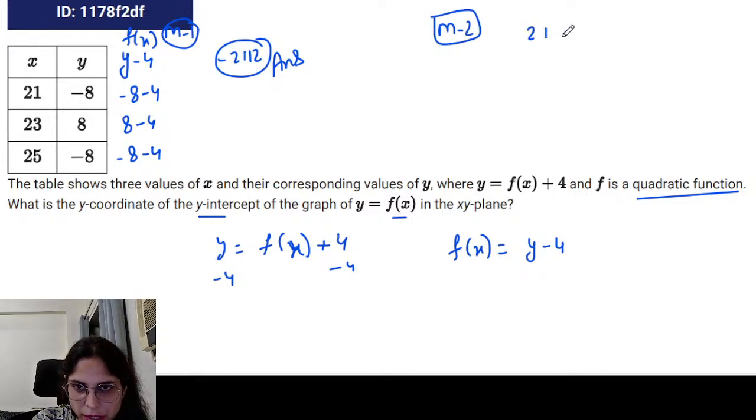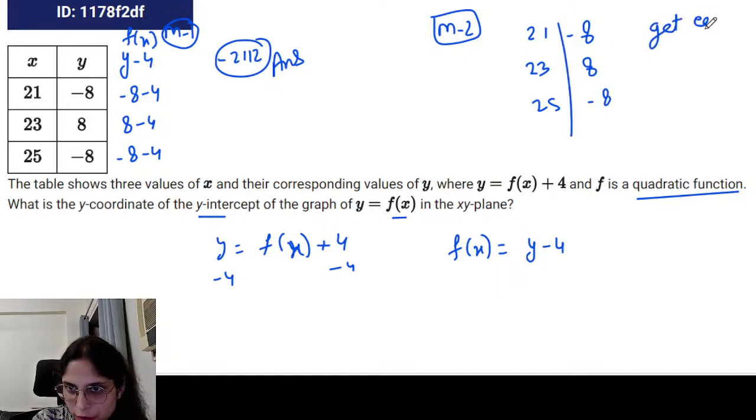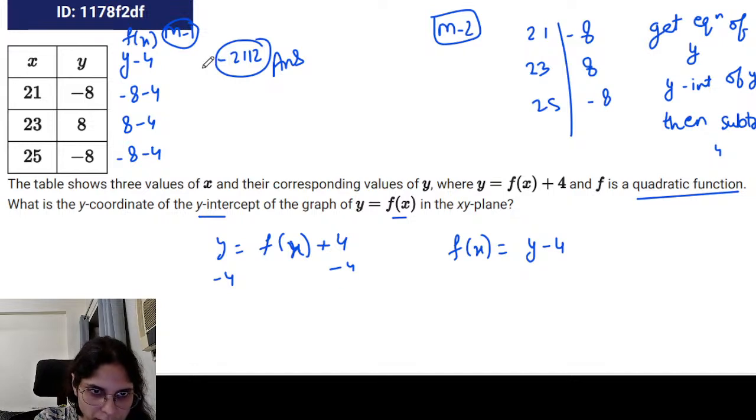Method 2 is you write 21, negative 8, 23, 8, 25, negative 8. Get equation of y, y-intercept of y, then subtract 4. Method 1 is subtract 4 from each value of y.